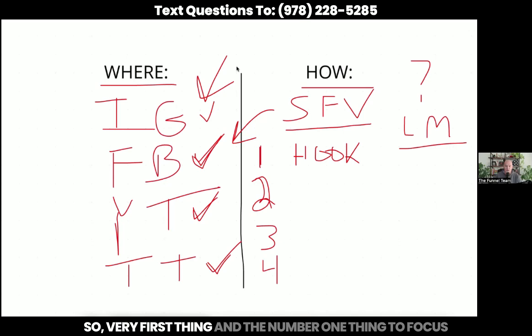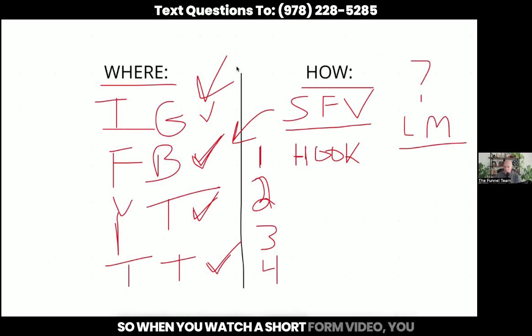So the very first thing, and the number one thing to focus on as you're creating short form videos, is your hook. Your hook is the most important thing. In the beginning of this video, I literally said, I'm going to teach you how to generate leads for free. That was part of the hook. Okay. So you have your hook in your video, and now you got to keep in mind, people have short attention spans.